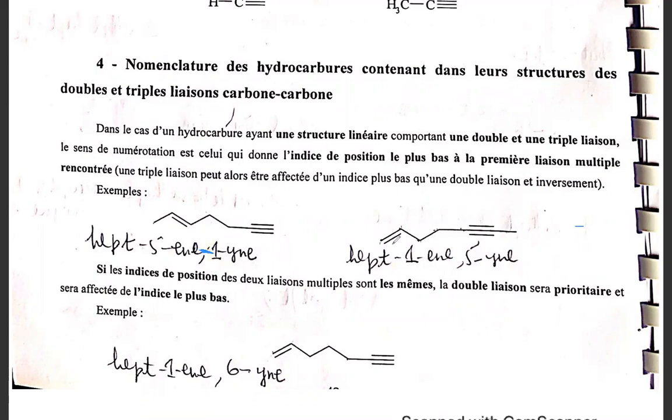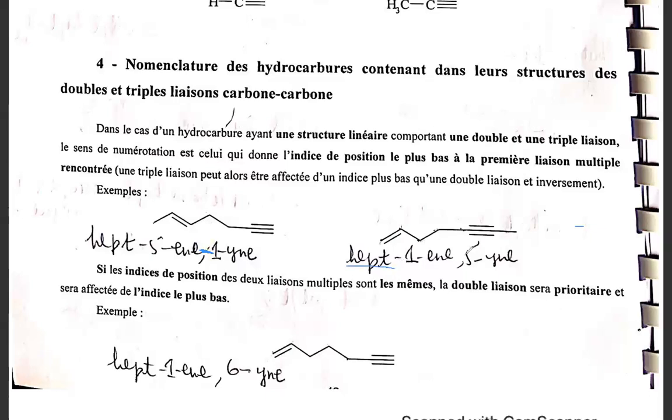So the lowest index possible in this case is the double liaison, and the double liaison here will take preference. So we start counting, 1, 2, 3, 4, 5, 6, 7. So it is a 7-chained hydrocarbon.